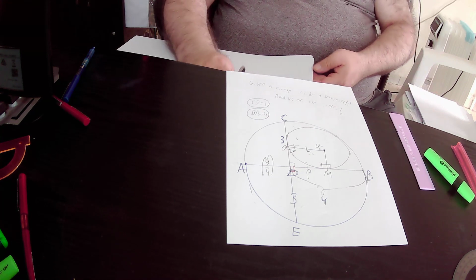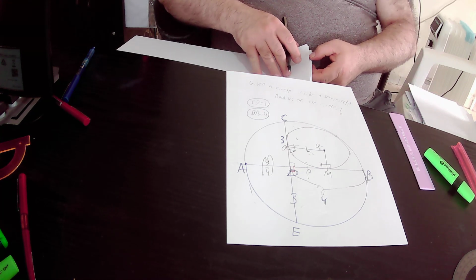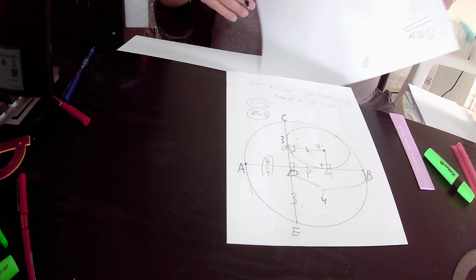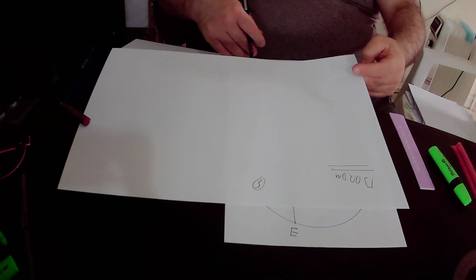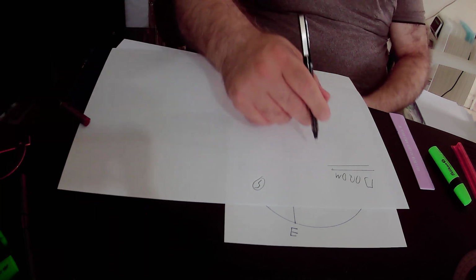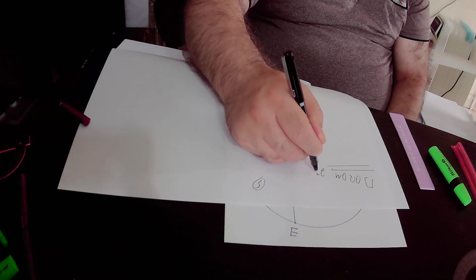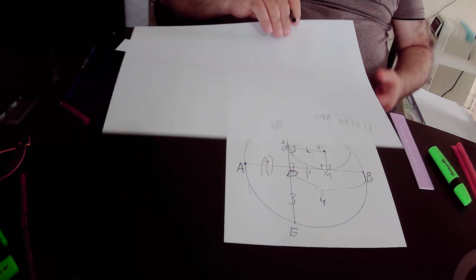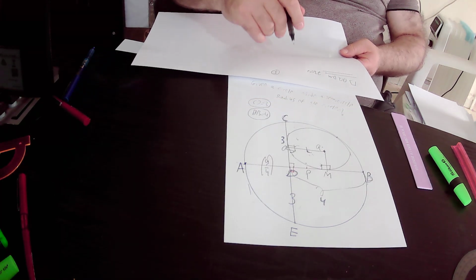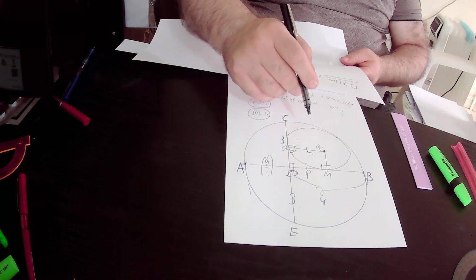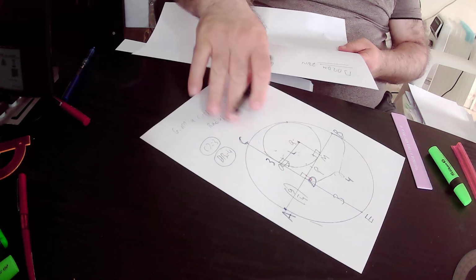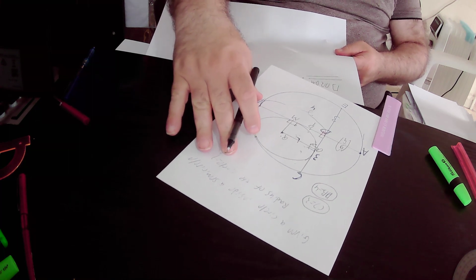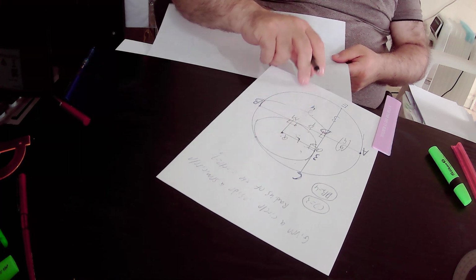So in quadrilateral OQDM, we have three right angles, and the sum of them is 270 degrees. So 270 degrees plus the size of the fourth angle, that is actually this angle OQM.